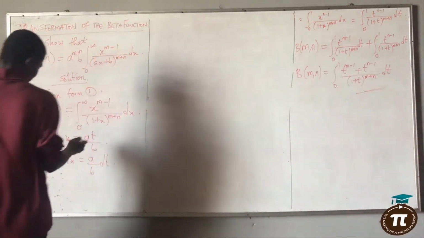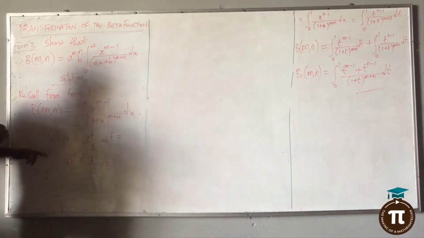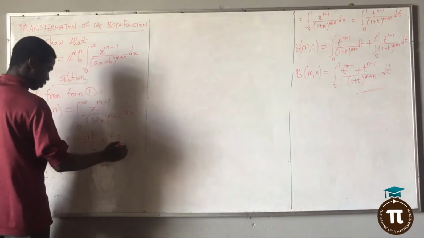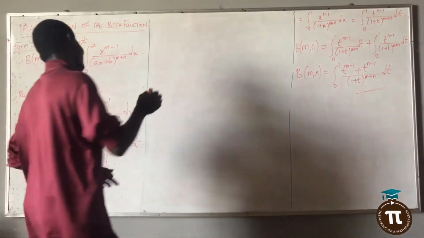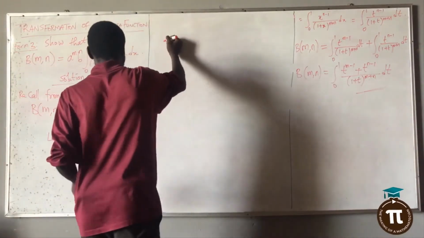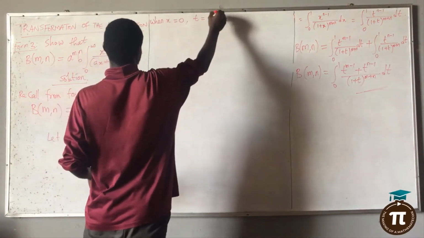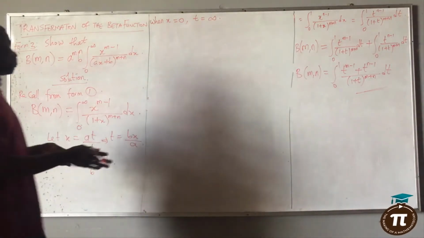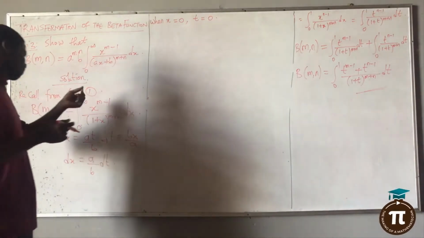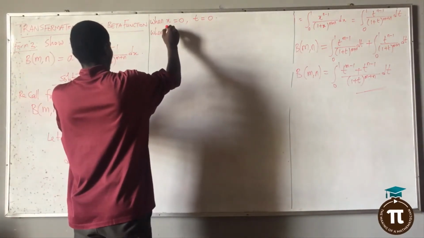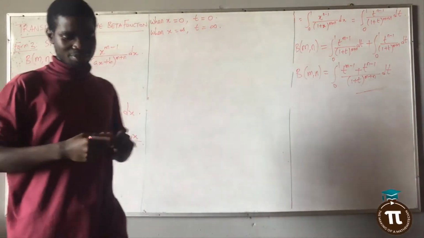By the time you make t the subject, you will see that t is equal to bx over a. So it follows that when x is 0, t will be 0. When x is infinity, t will also be infinity as well. Do you get my point?